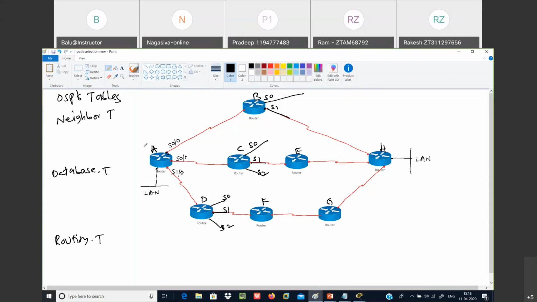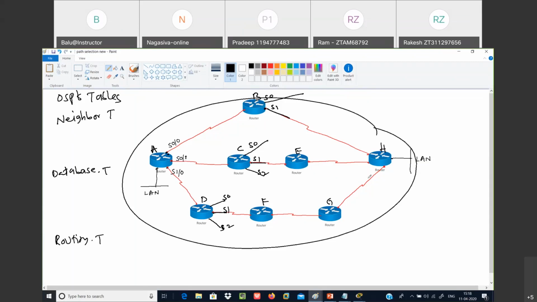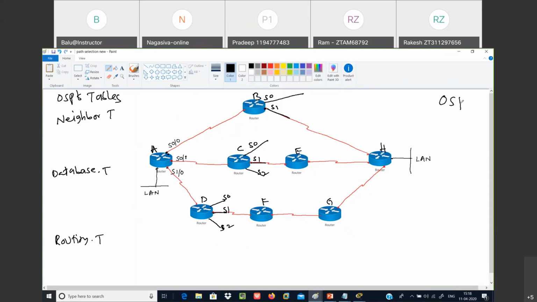Now in A router, in the complete network diagram, the configured protocol is OSPF. Once OSPF is configured, A will start hello packets, right? Hello neighbor B. If neighbor B gives the reply, yes, hello A, and the hello is matching, now A and B become what?